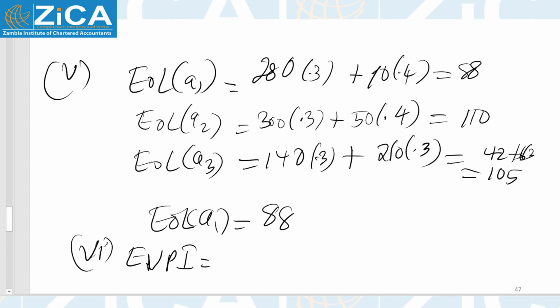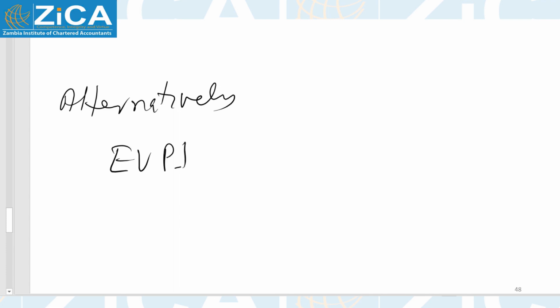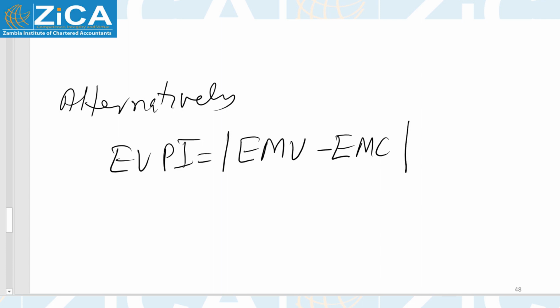The last part of this question looks at the expected value of perfect information. For how much can you sell the information? Here you don't even need to do much. The expected opportunity loss is the same as the expected value of perfect information, which in this case is 88. Alternatively, using the other formula, it gives the same answer: expected monetary value minus expected monetary value with certainty.